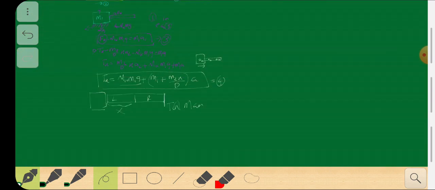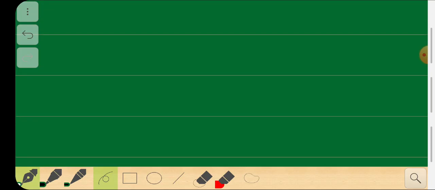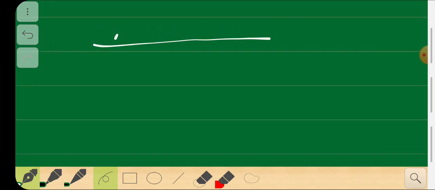Now what I'm going to do is find out the tension in a suspended rope. Suspended rope means there is something different, there is an actual case here.